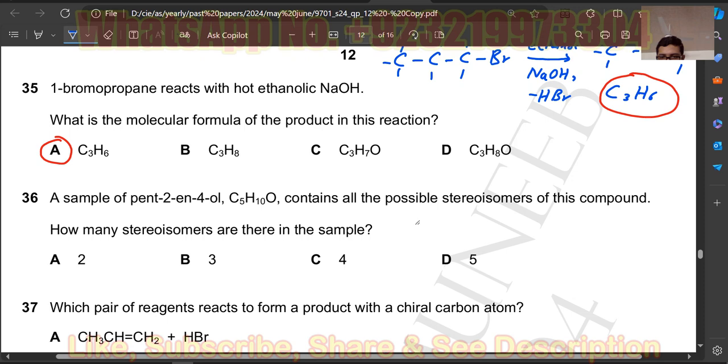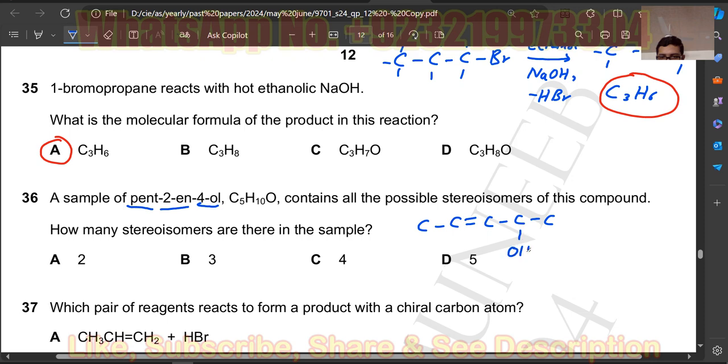The displayed structure of this compound is C single bond C, and we first have to write down all 5 carbon atoms because it is pent. So I'm going to draw 5 carbon atoms. After that, it says the position of the double bond is over here, and the position of the alcohol group is at number 4. So 1, 2, 3, 4.